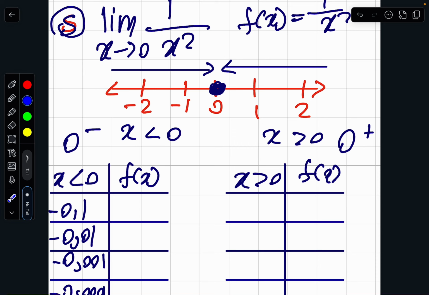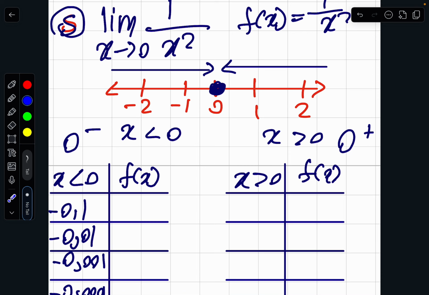Remember, now we are decreasing, so we expect the values to be smaller. Which is going to be 0.1, since here is 0.5, here is 0.9, here is 1.